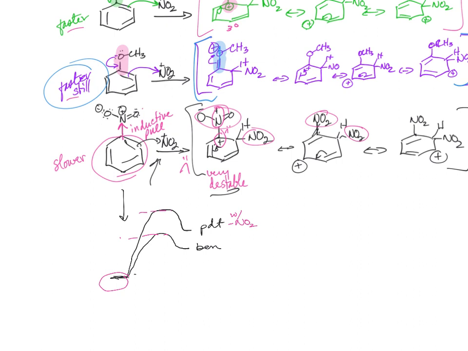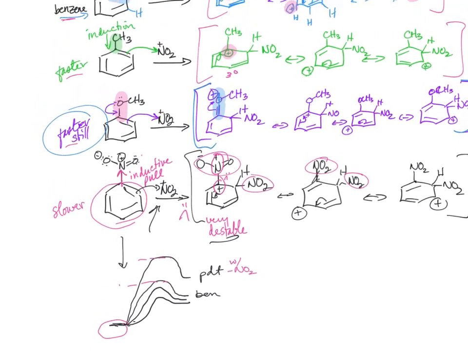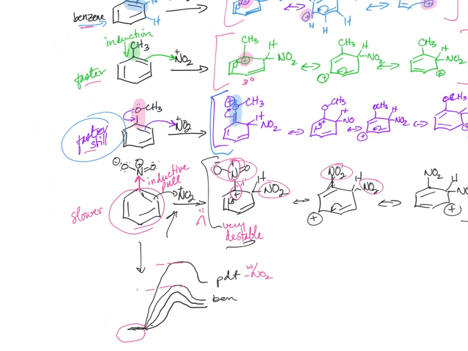Let me just rewrite that one. So I have to go over an energy barrier and then over an energy barrier. So these 2 that are faster and faster still goes down here, right? It's the least amount of energy to get to that product. And then this one is faster because it's still less energy than benzene.